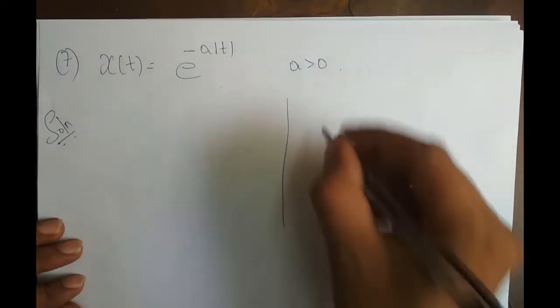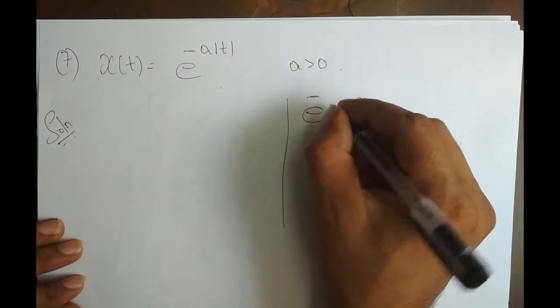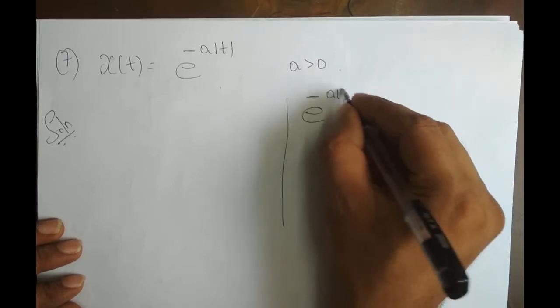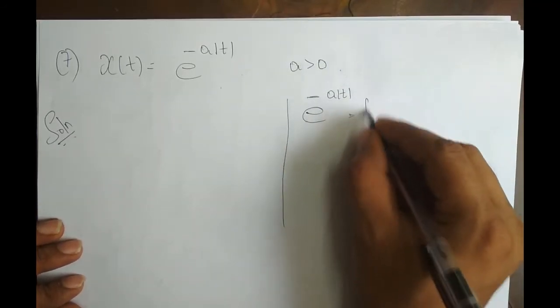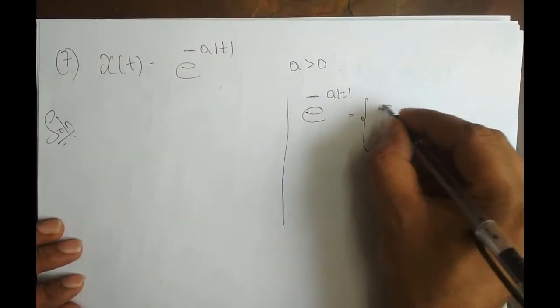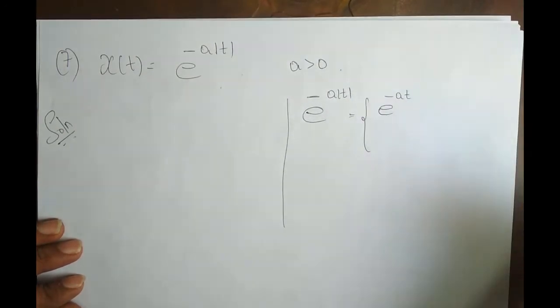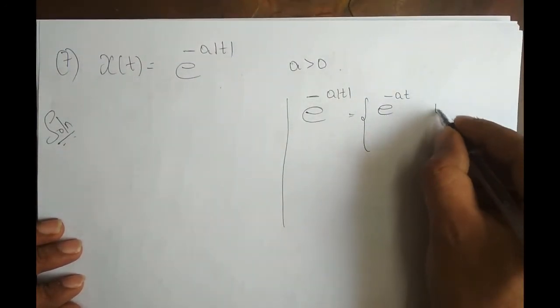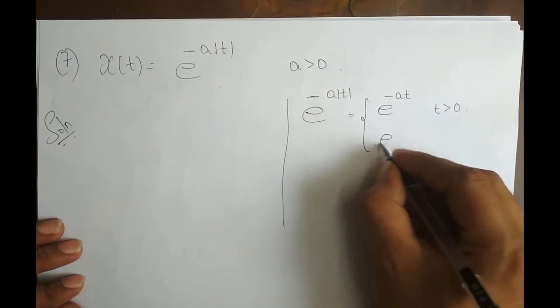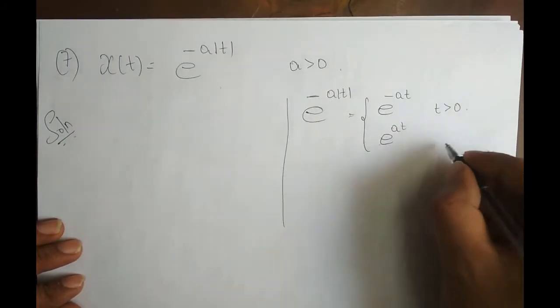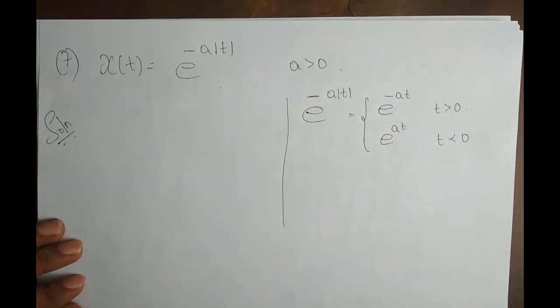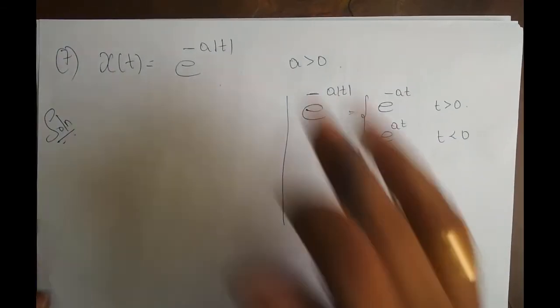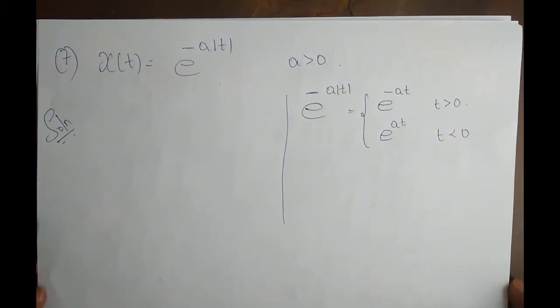Mathematically, e power minus at is an exponentially decreasing signal for t greater than 0, and e power plus at is an exponentially increasing signal for t less than 0. This is how e power minus a mod t is defined.